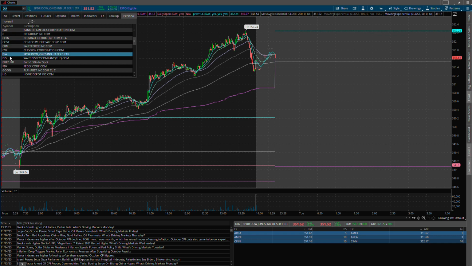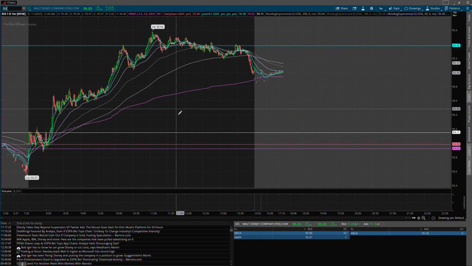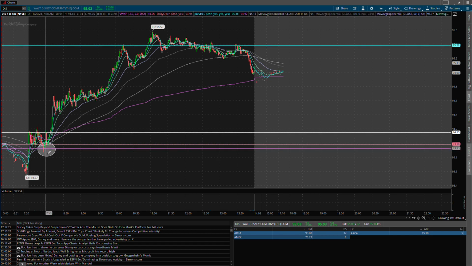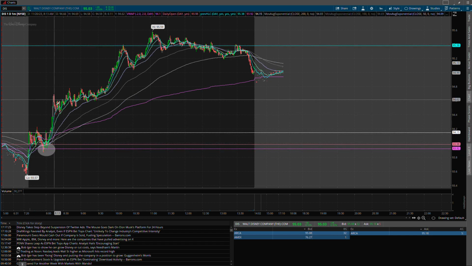So now I look at Disney. Disney should have been interesting because it went up all day today somehow, miraculously. So that would have been an area of major trend reversal. It went up and somehow, so this would be a range here. That would be a range. It would be range bound.